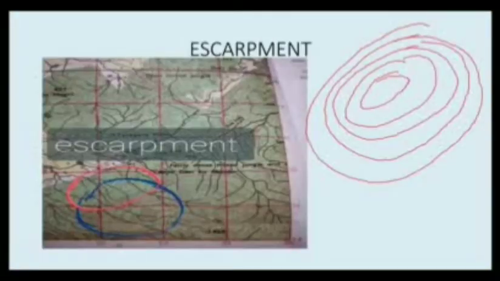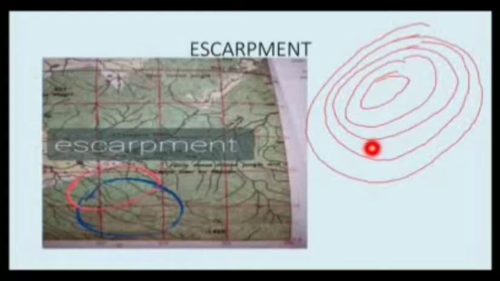Now escarpment. In the escarpment, you will find that one side of the hill is narrow, that is the gap between the contour interval is very less, but on the other side it is more. So this area is known as steep slope and this is known as gentle slope.